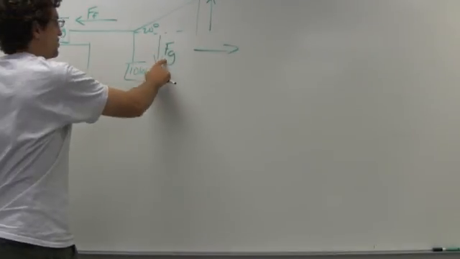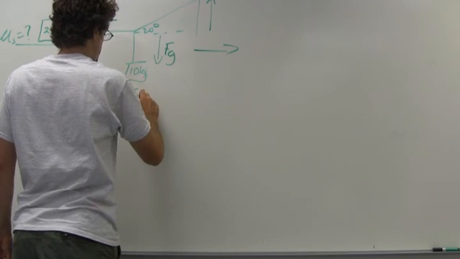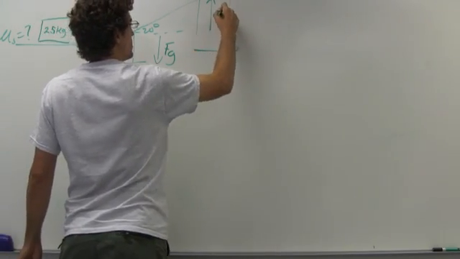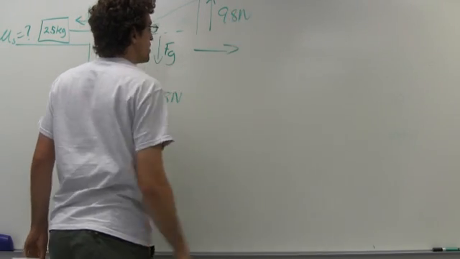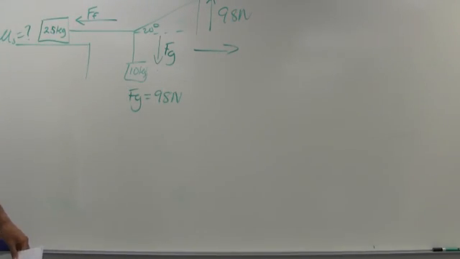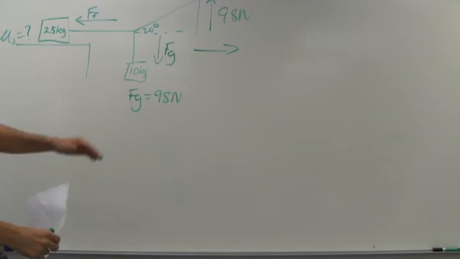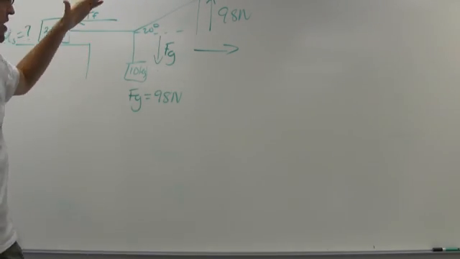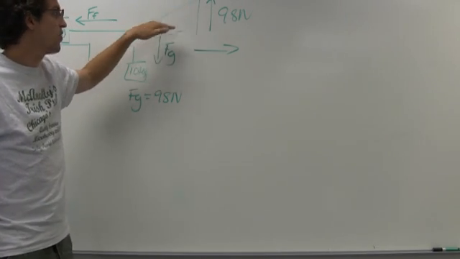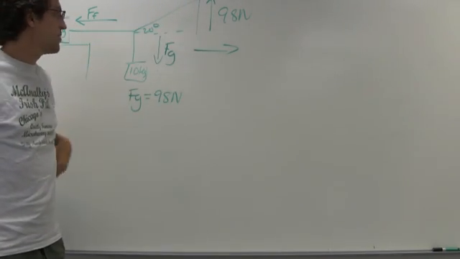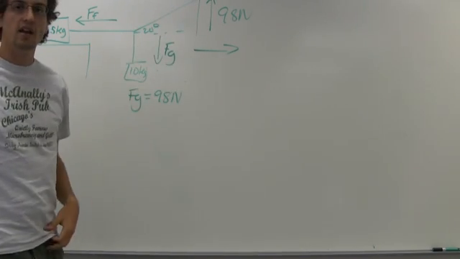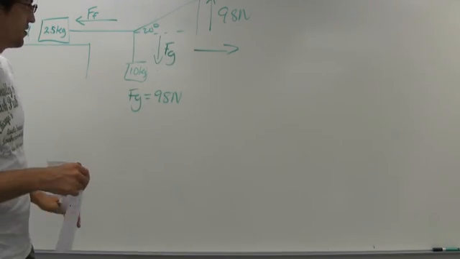So, since we know this one's Fg is going to be 98, this also is 98 newtons. Now, from that, we know that a string or a wire or anything like that in that kind of orientation is going to have proportionally the same, or we can find out what the force is to the right based on just some trig.